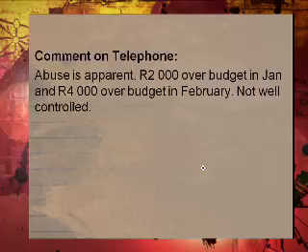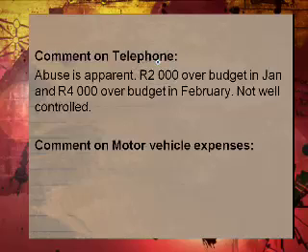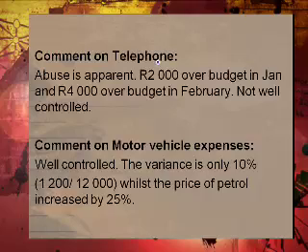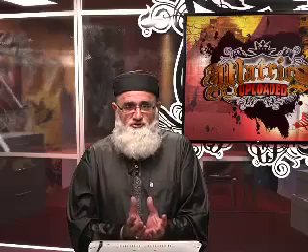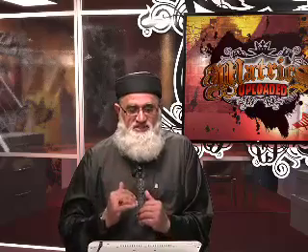If you look at your telephone, again, abuse is apparent. Why? You went 2,000 over the budget and 4,000 over the budget in February. So definitely, this expense is not well controlled. Clearly, you can see that if you look at your motor vehicles, it is well controlled. The variance is only 10%, whilst the fuel price was increased by 25%. So you have to take all factors into consideration when you are looking at specific items.